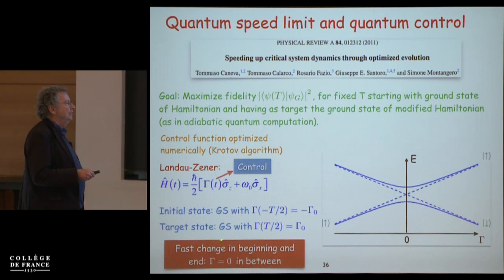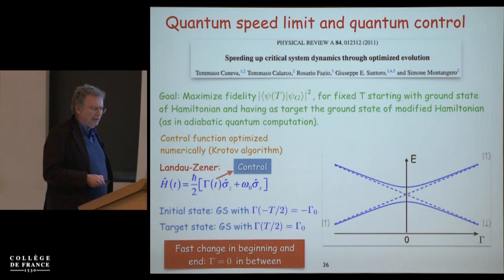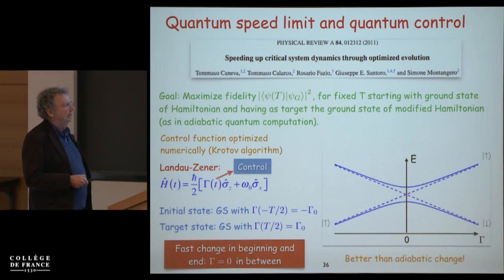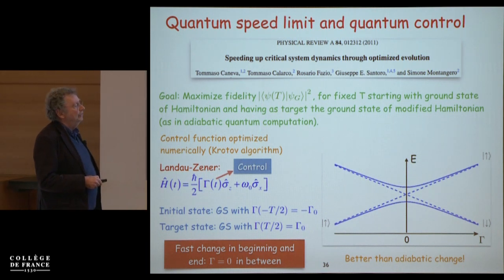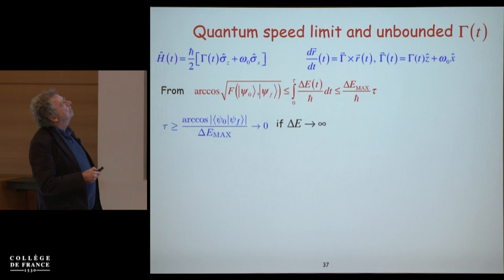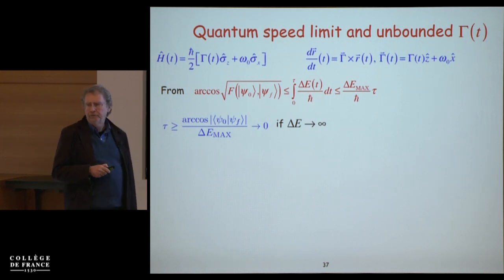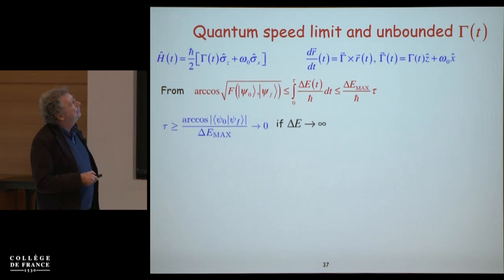Now, we wanted to understand this analytically, and in fact, this can be understood, in this case, by using the concepts we developed before. So this is the Landau-Zener Hamiltonian. You see, this is like a pseudo-magnetic field interacting with some spin. So the spin should precess around this pseudo-magnetic field. So that's the precession equation for the spin.